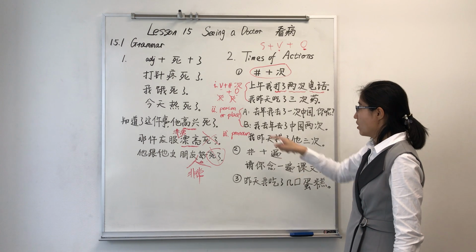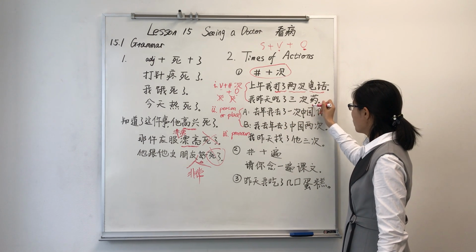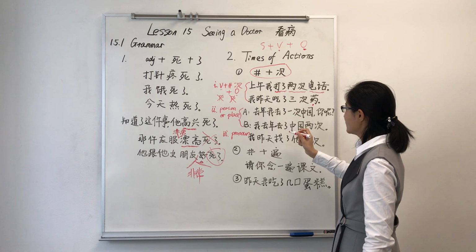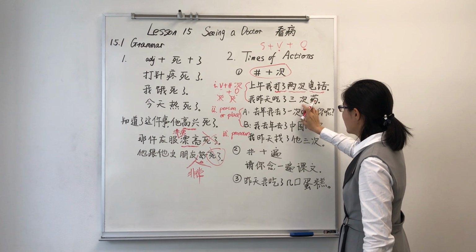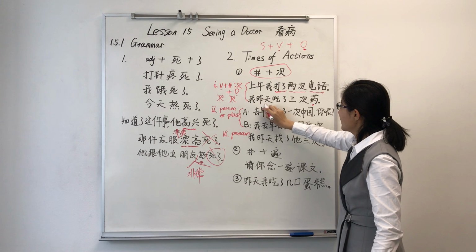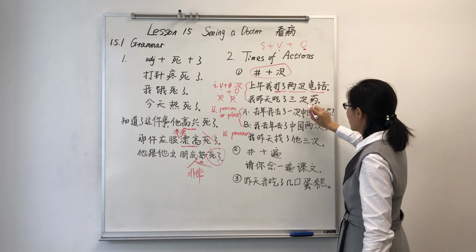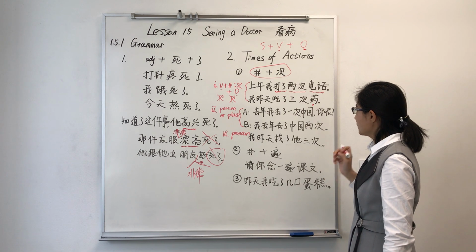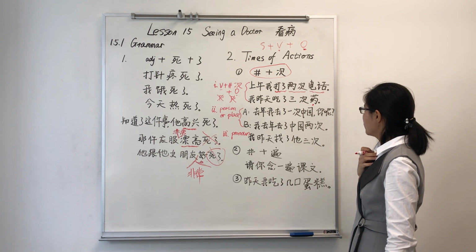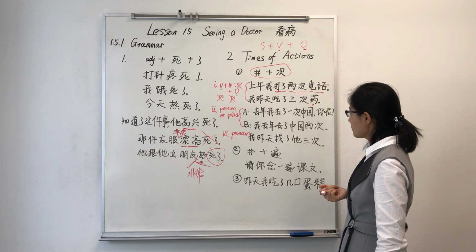Next example, 我昨天吃了3次药. 药 is medicine. It's not a person or place, so 3 times needs to go here. 我昨天吃了3次药. I took the medicine 3 times yesterday.